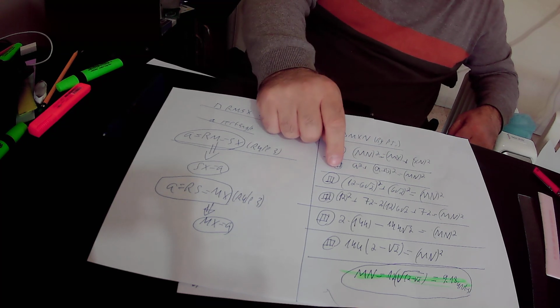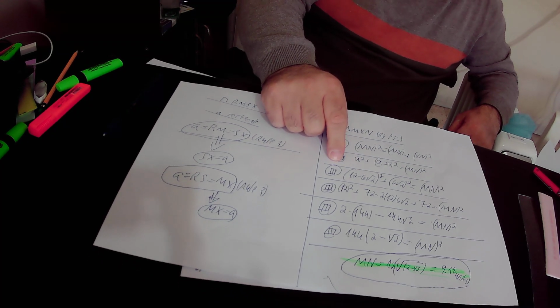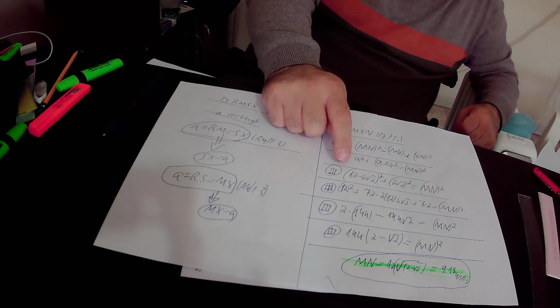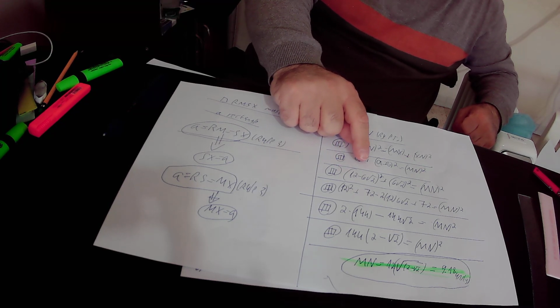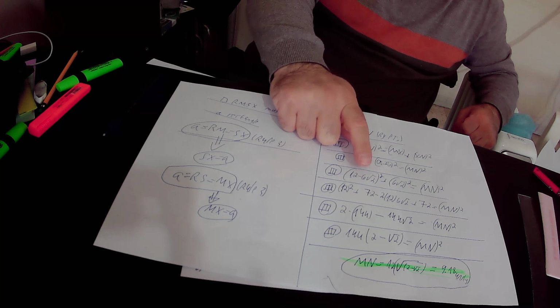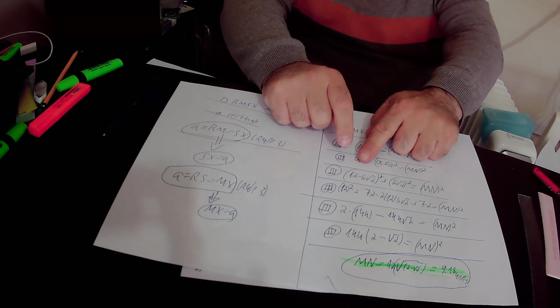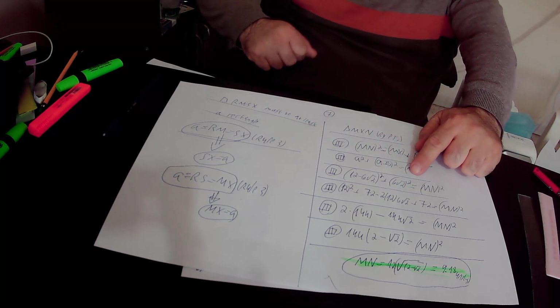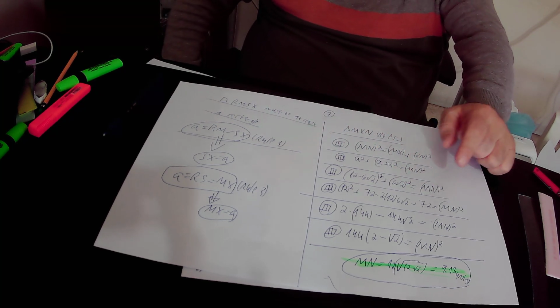We open the brackets in equation number 3, and we get that 12 minus 6 times square root of 2 squared is equal to 12 squared, and 6 times square root of 2 squared is 72, minus 2 times 12 times 6 times square root of 2, plus 6 times square root of 2 squared, which is 72.